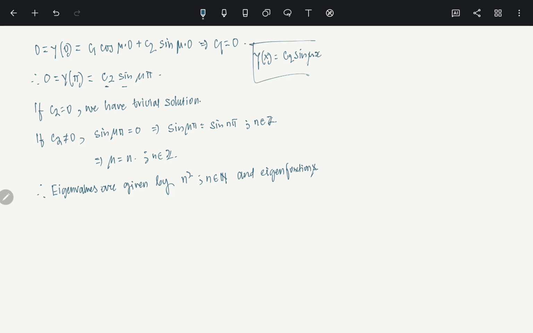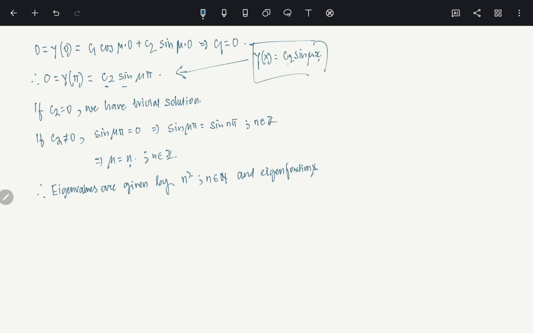That was the solution, and that solution satisfied y at the point pi equals 0. So if mu equals n, then your function which satisfies this is sine of nx.